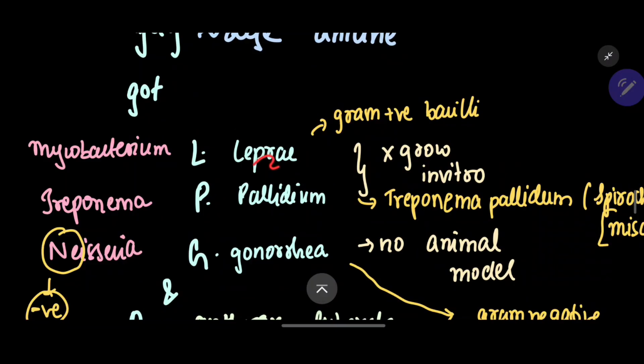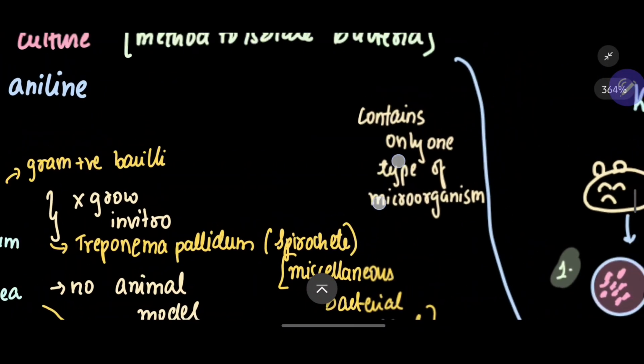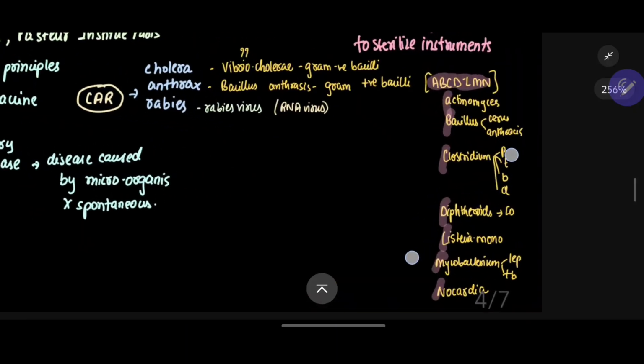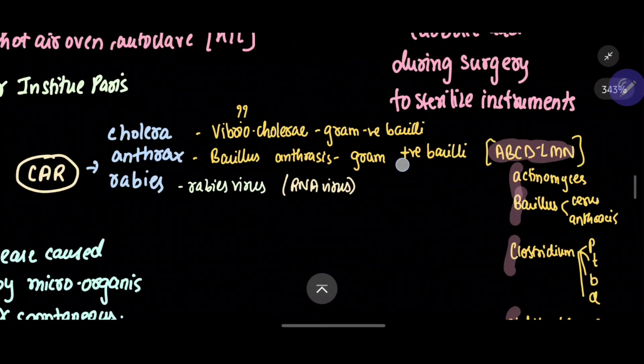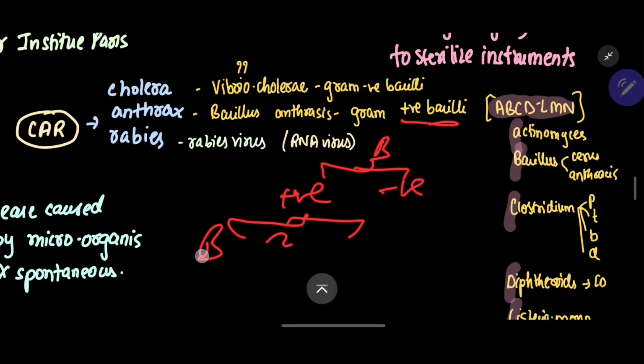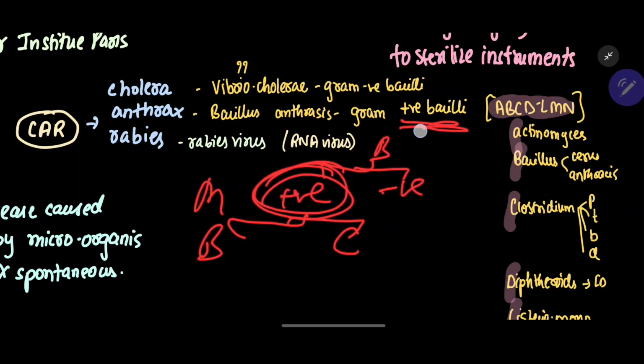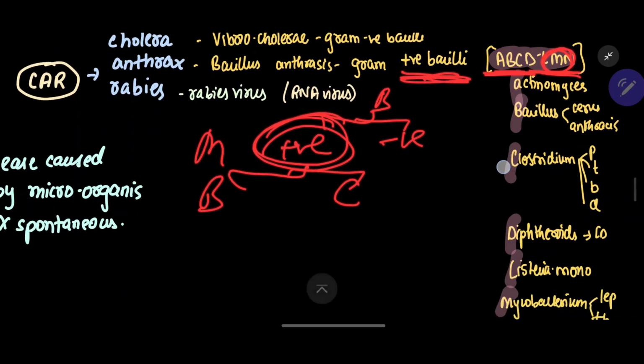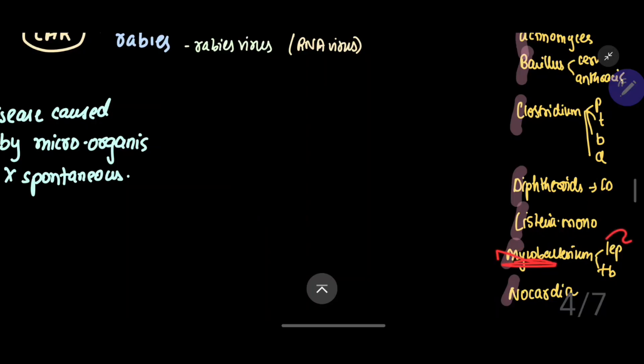Okay, so lepre is Mycobacterium leprae. If you remember, just now I was talking about gram positive bacilli. Bacteria were positive, they were negative. Positive were both bacilli and cocci, and they had mnemonics for them. So the bacilli mnemonic was A, B, C, D, L, M, N, and M was for Mycobacterium, Mycobacterium leprae and Mycobacterium tuberculosis.